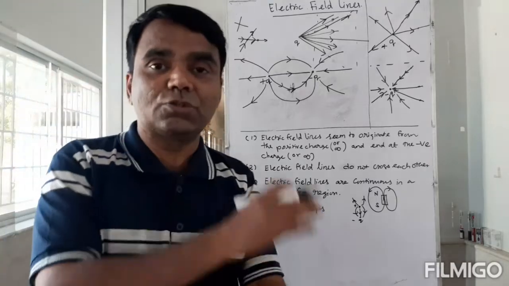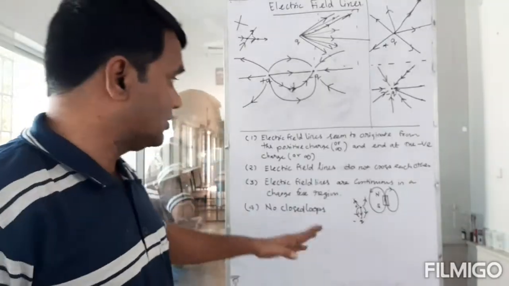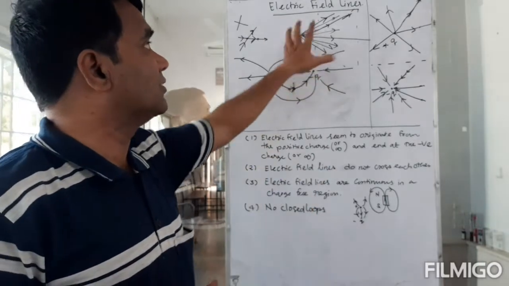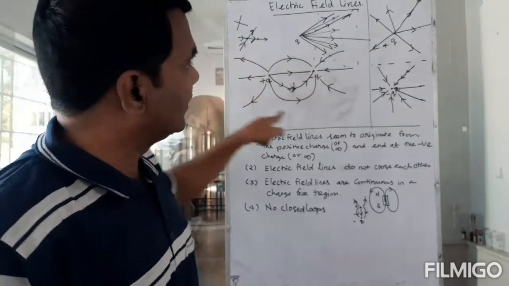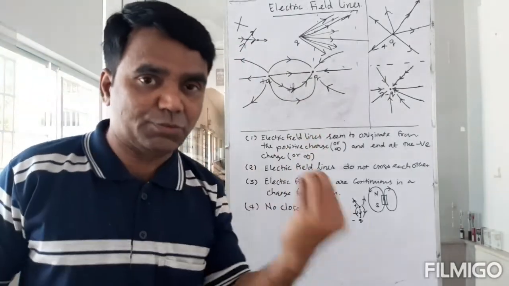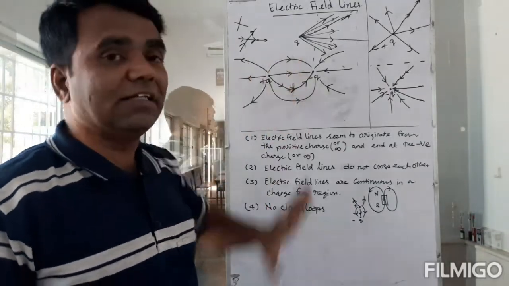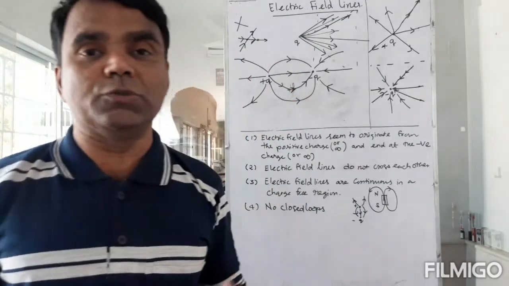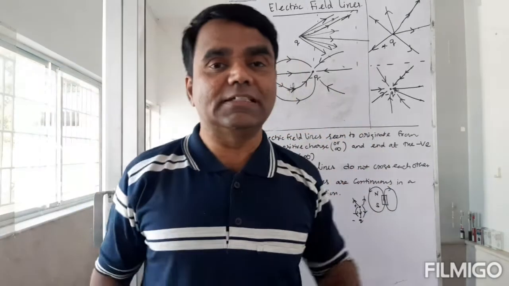Second, the electric field lines do not cross each other. And the third one, electric field lines are continuous in a charge-free region. If there is no charge, the lines will be continuous. If there is a charge, the lines will end. There will be a discontinuity there. Then the electric field lines do not form closed loops. And that is the difference between electric field lines and magnetic field lines.